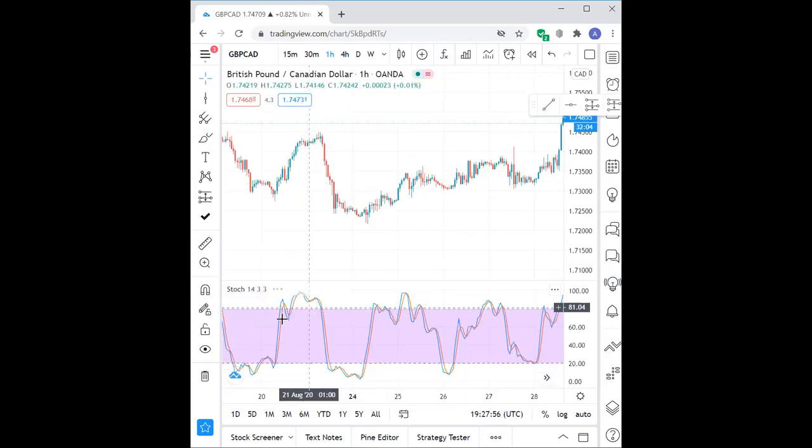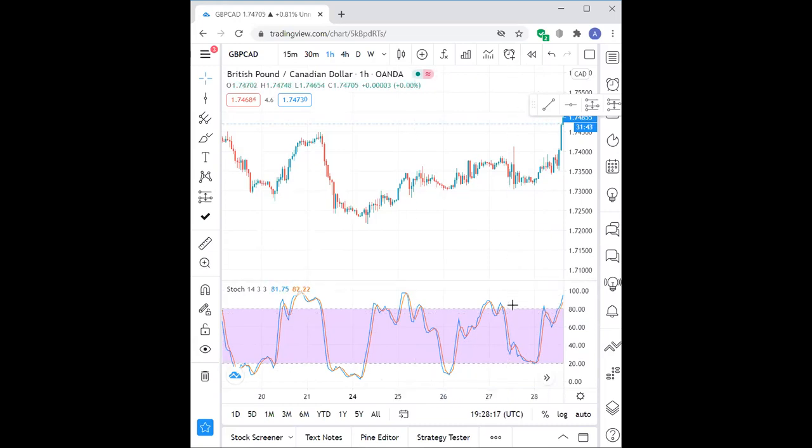So the stochastic is telling you, you see the shaded area is where the ranges are, 20 and then 80. 80 for an overbought and 20 for an oversold.